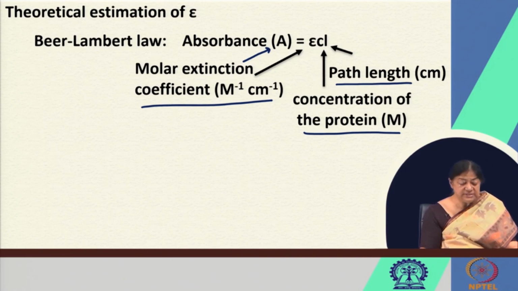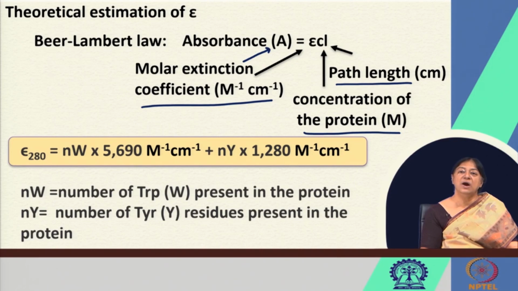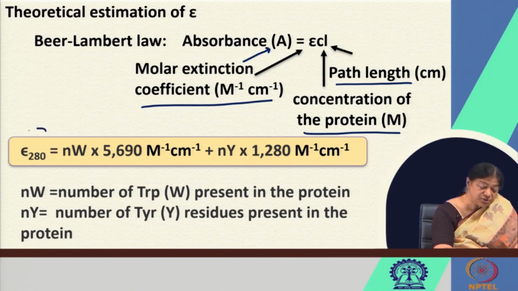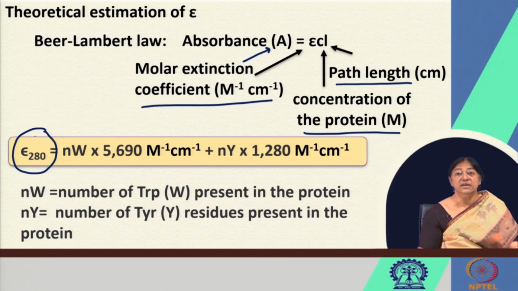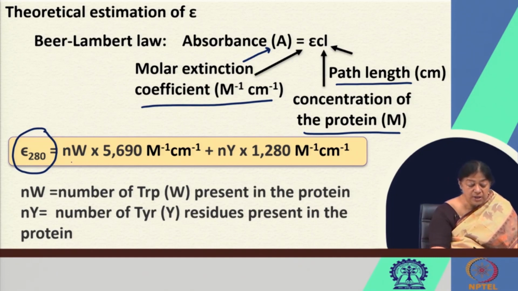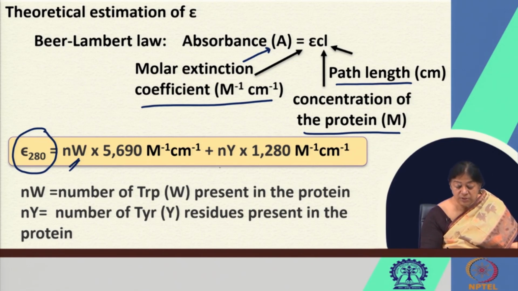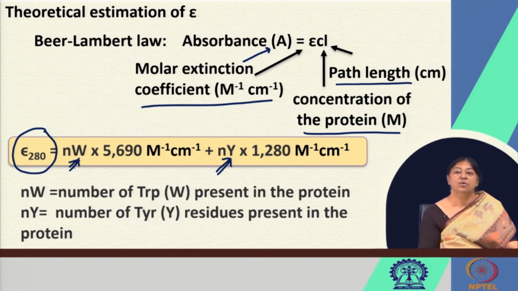So, this is important when we are trying to understand a theoretical estimation to figure out what the extinction coefficient of a particular protein is going to be at 280 nanometer, given that we know the number of tryptophan, that is W, and the number of tyrosine, that is Y. So, we have W and Y.